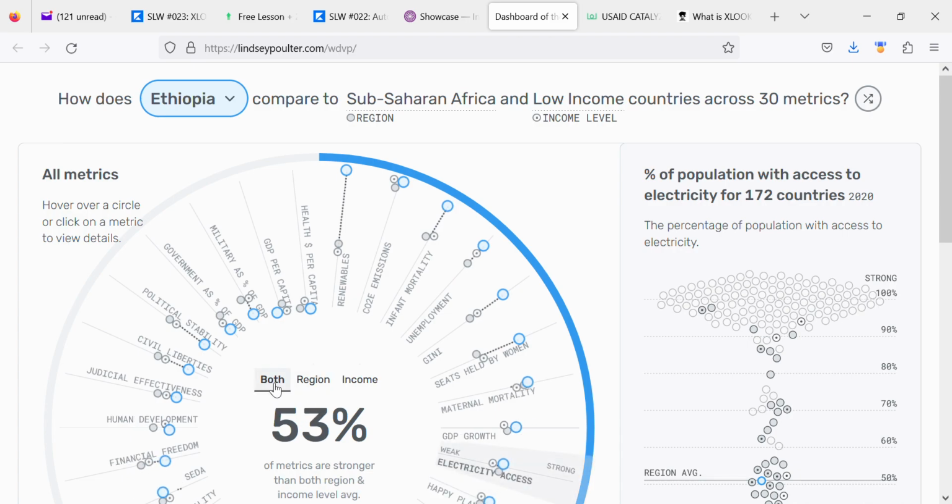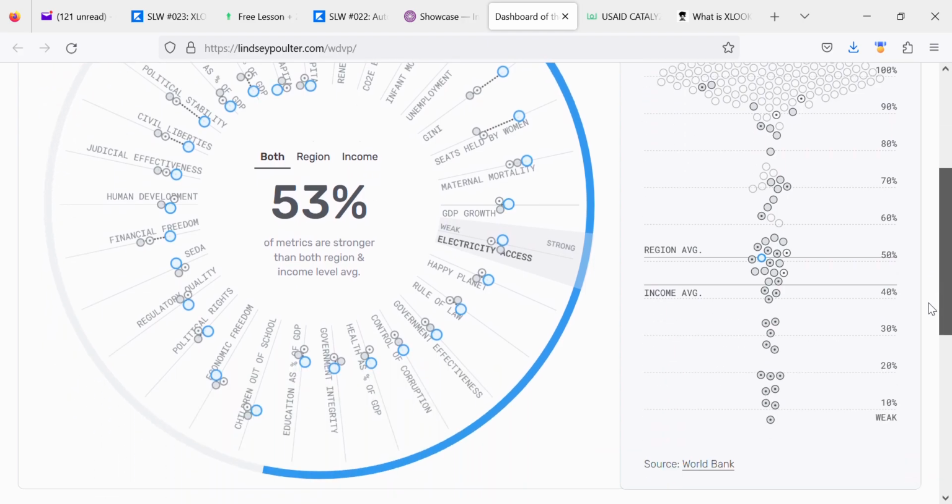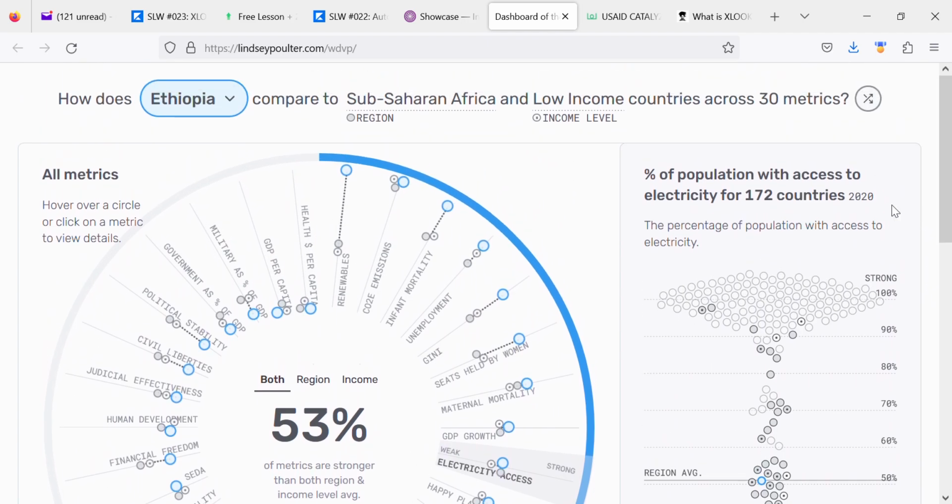Let's see by both. As I've said, strong values are toward the preference. So let's look at the values for Ethiopia, which is 53%. Ethiopia is stronger in the area of renewables, and here it is 100%.